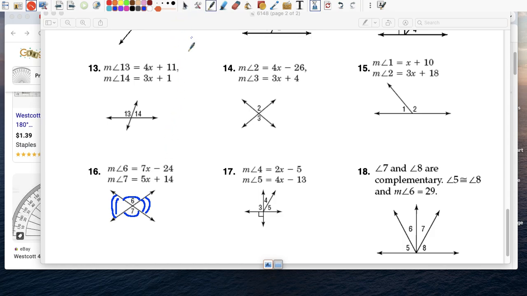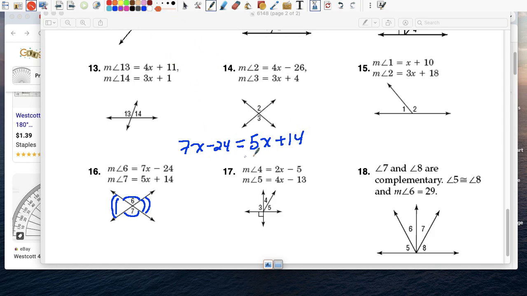So knowing that, how do I set up? This says that angle 6 is exactly the same, is congruent to angle 7. How do I use that to set up this equation? Well, angle 6, which is 7x minus 24, is the same as angle 7, which is 5x plus 14.